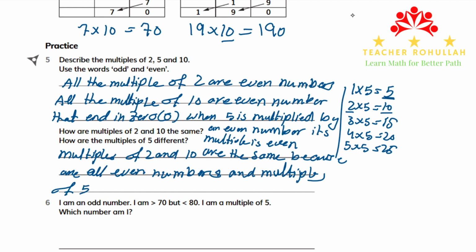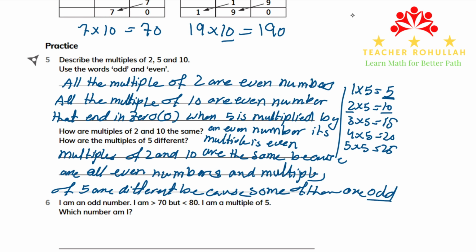Multiples of 5 are different because some of them are odd, as I explained in the first part.